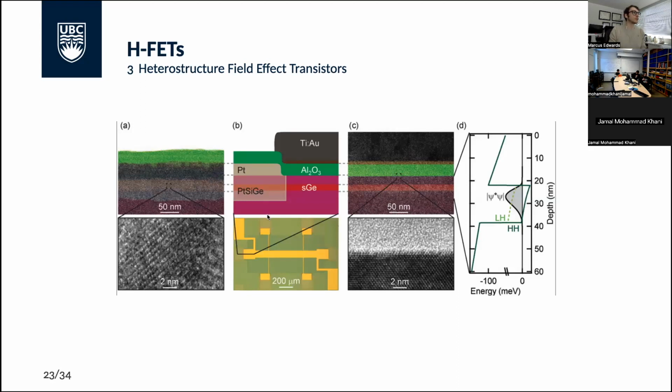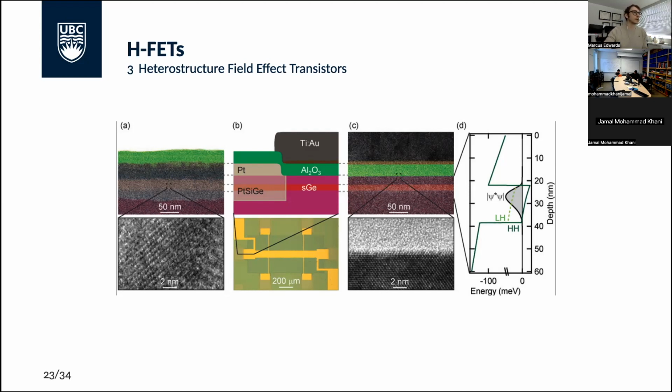They deposit platinum, alox, which is their dielectric, and Ti-gold for their top gate. They show the thicknesses here, as well as the shape of their HFET, which is very similar to a Hall bar.